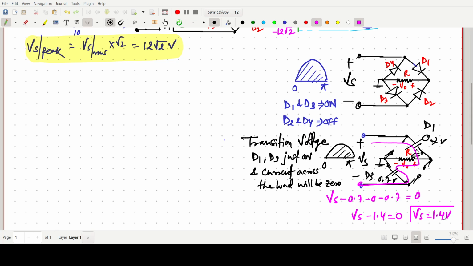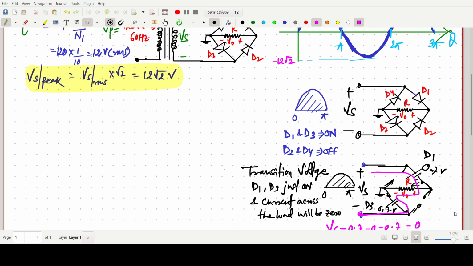This is a very fundamental and important relation. It gives the minimum value at which the diode will be on or off.